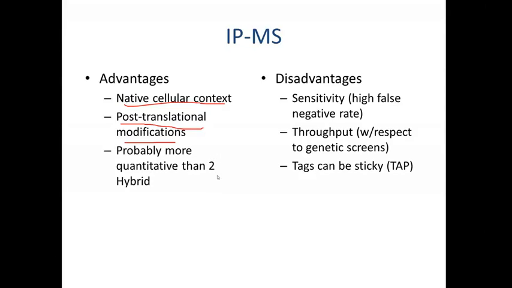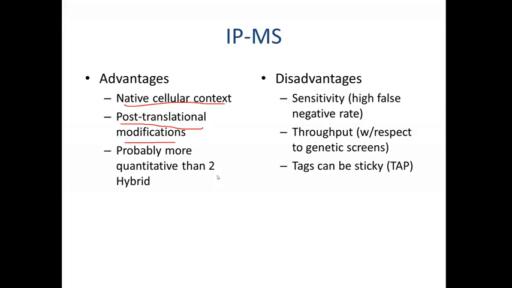For example, yeast don't have any tyrosine kinases, so if a particular interaction requires a tyrosine phosphorylation event, that may not read out properly in yeast. And it could also be more quantitative than the two hybrid, although I think there's some controversy over whether or not that's true.